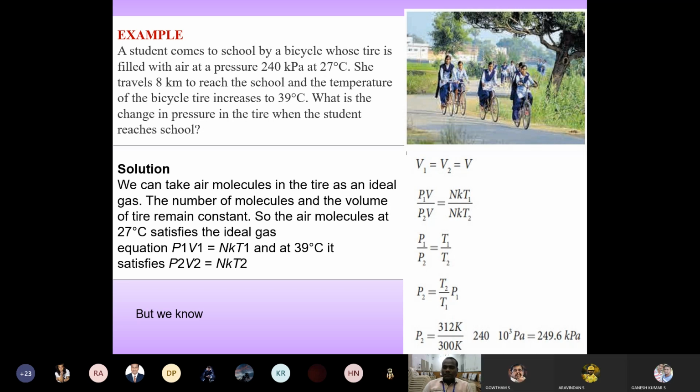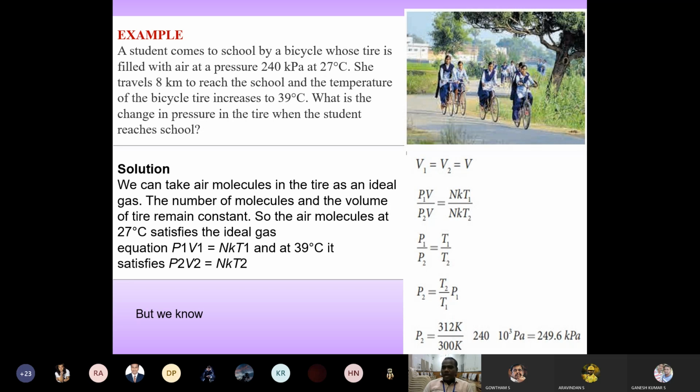So this is the formula we need to derive. So we can find the pressure at state 2 by using this formula, right? So we can substitute the values we already have. We know T2, we know T1, we have P1.